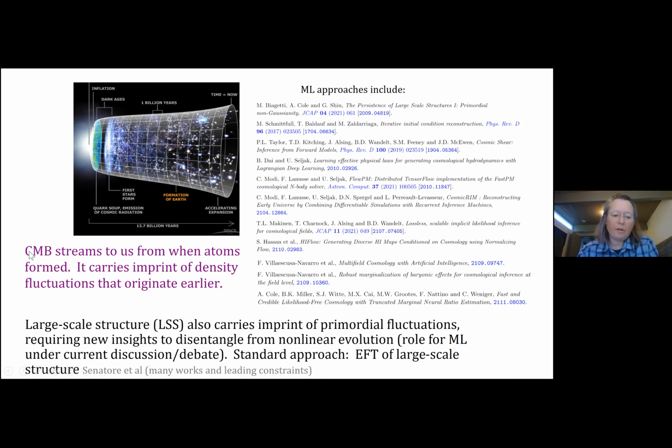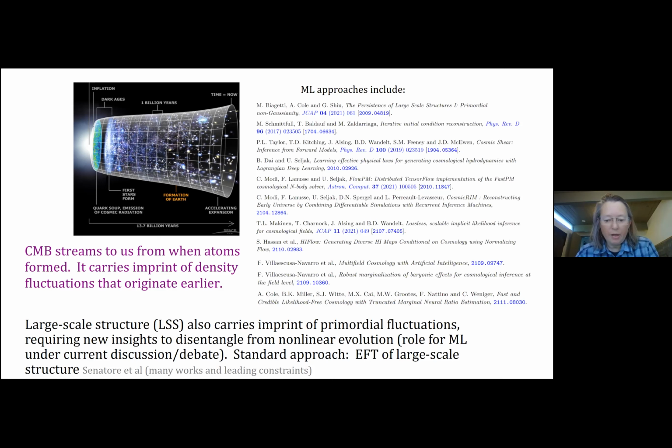So the data that we get includes photons that we see from the time that atoms first formed, called the CMB, and also what we call large-scale structure of the universe, which is the pattern of matter in the universe, including observable galaxies and also the famous dark matter. And there's a beautiful data science problem, essentially combined, in collaboration with theory, to extract as much information as we can from these observations, which are growing in scope, decade to decade in a very rapid way.